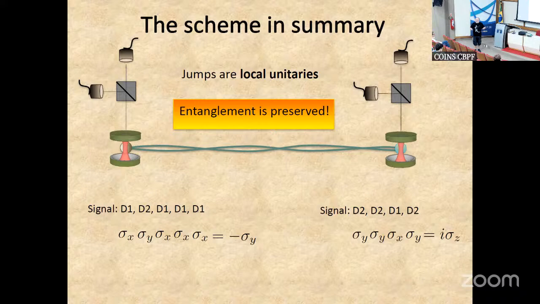So now I'm locally monitoring the photons that are emitted by the system, but each time I get a click, it's a local unitary operation acting on my qubit, and we all know that local unitary operations don't change the amount of entanglement of my system. So now I'm preserving entanglement by adding noise to the system, but measuring the effect of this noise in a smart way.